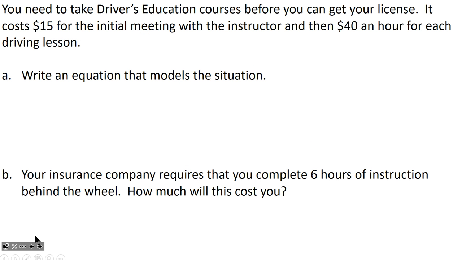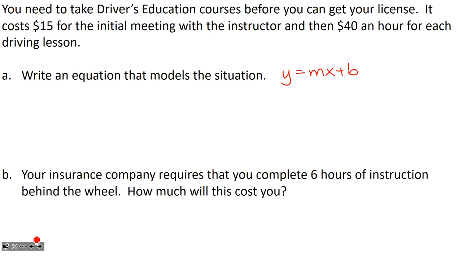All right, another word problem. This one, you're going to write the equation in the form y equals mx plus b. You need to take driver's education courses before you can get your license. It costs $15 for the initial meeting with the instructor, and then $40 an hour for each driving lesson. The two variables, remember, are something that could change or something that we don't know.